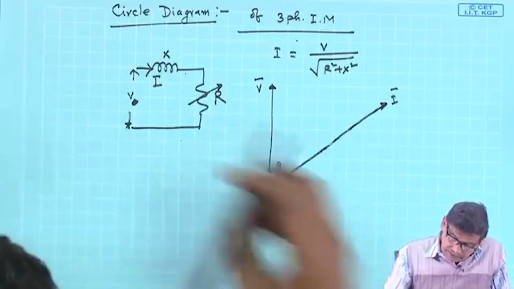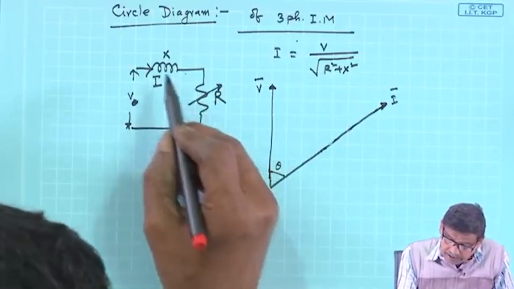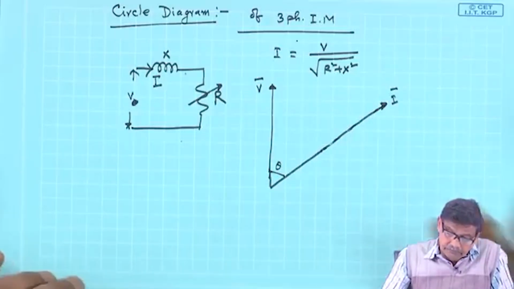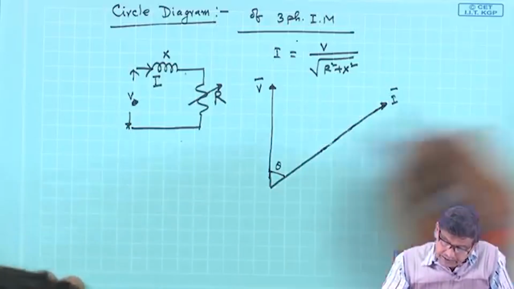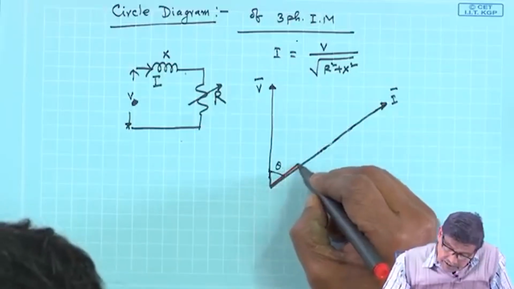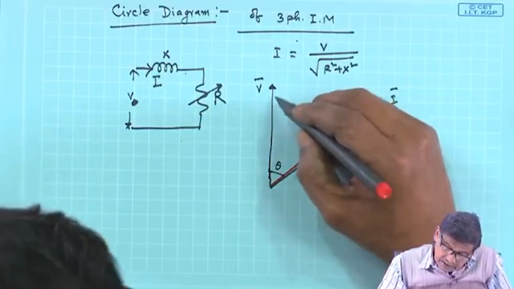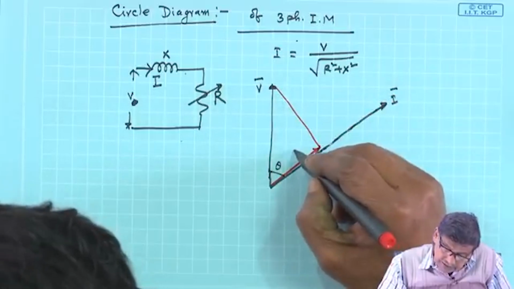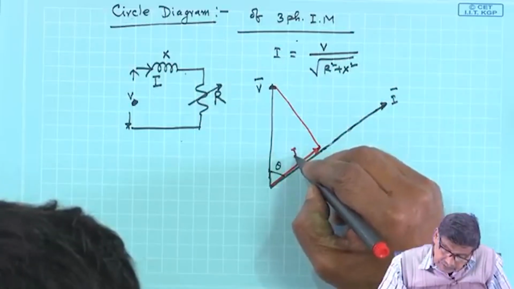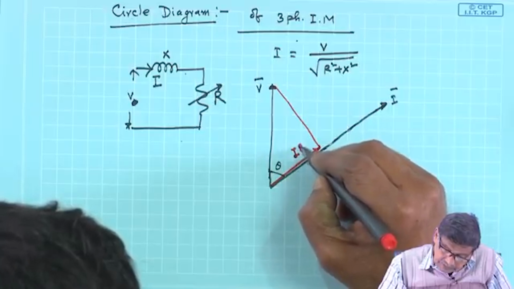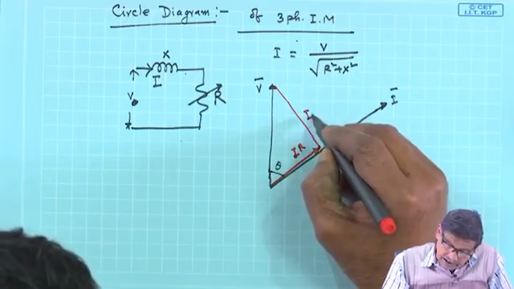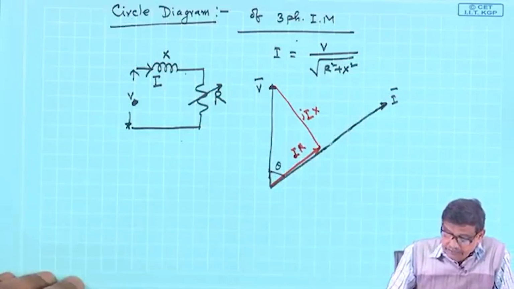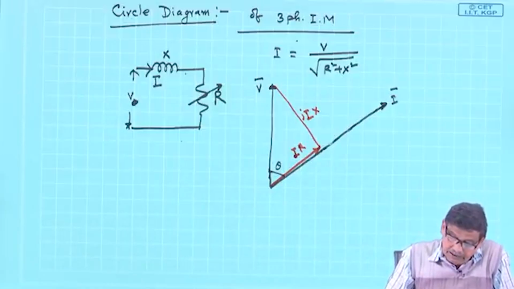And I know that the drops in R and X will be added. For example, you add IR, then you add jIX, this way, and this is the power factor angle of the machine.